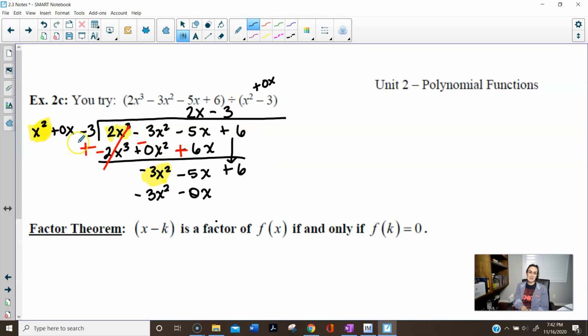And then a negative 3 times a negative 3 is a 9. And then don't forget you're subtracting that, which is a plus the opposite, opposite, opposite. These cancel. A negative 5x is going to stay as negative 5x. And then 6 subtract 9 is negative 3.